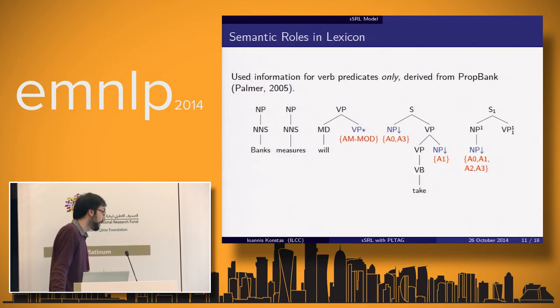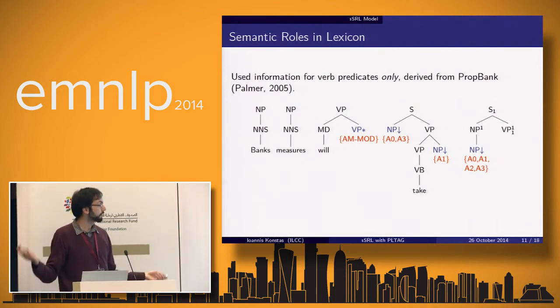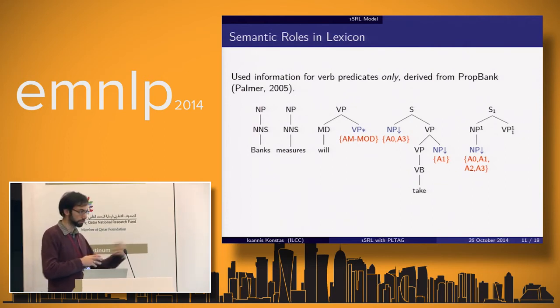Now, the original lexicon obviously doesn't have any semantic information, just syntax. So what we want to do here in order to get done with this incremental semantic role labeling task is we are going to augment the original lexicon with semantic information. So we're going to be using, for this particular work, just verb predicates, which are derived from PropBank, and essentially what we're doing is take all this particular notation and project it into the so-called integration points.